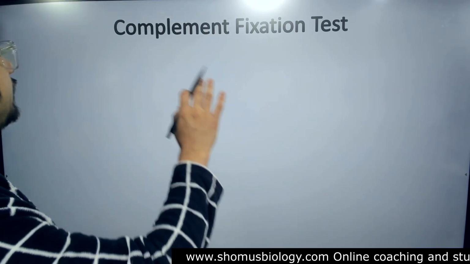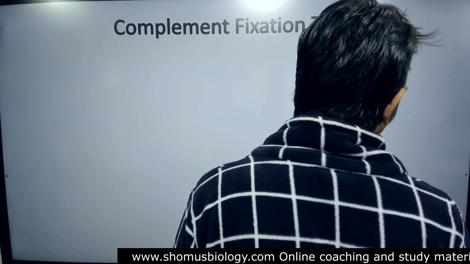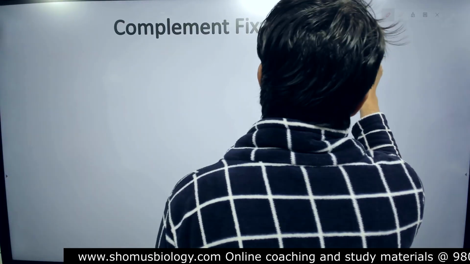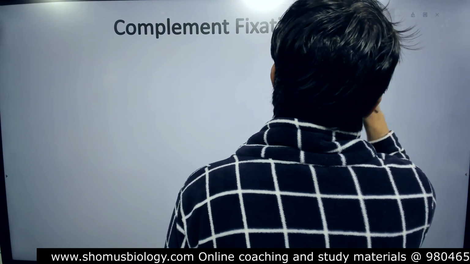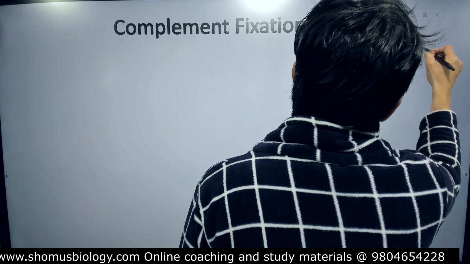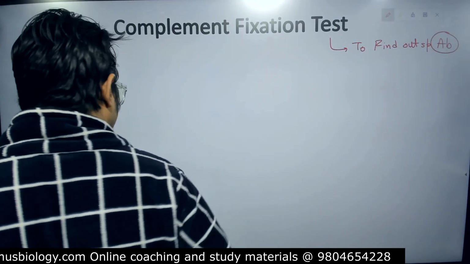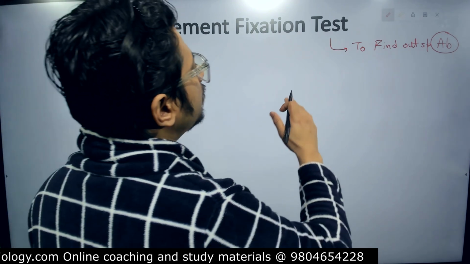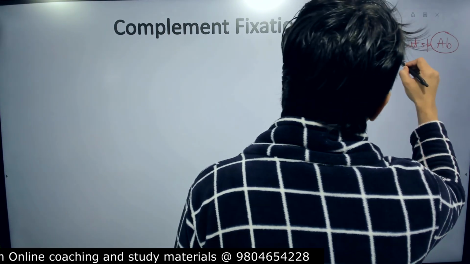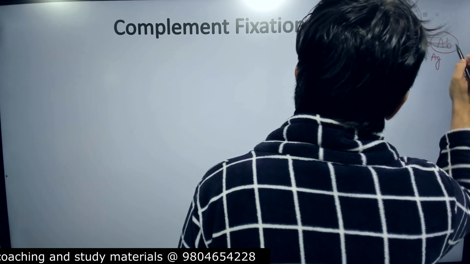Okay, so here we use the complement fixation test. I told you the major role why we are trying to do this test: to find out specific antibodies against an antigen or infective agent in the body.